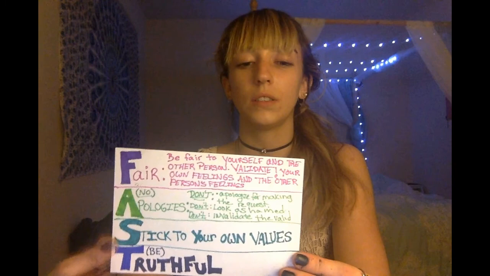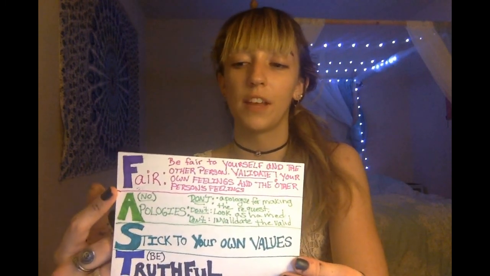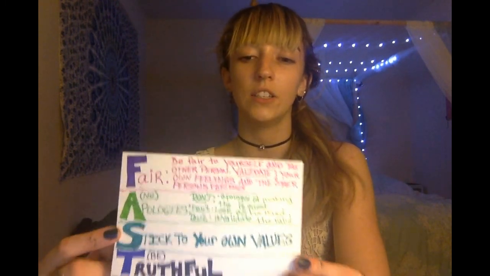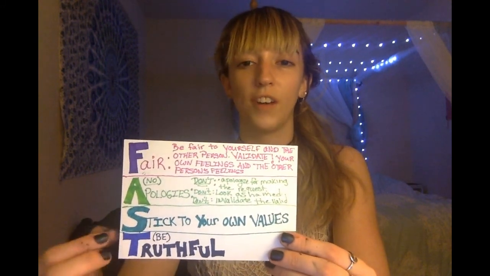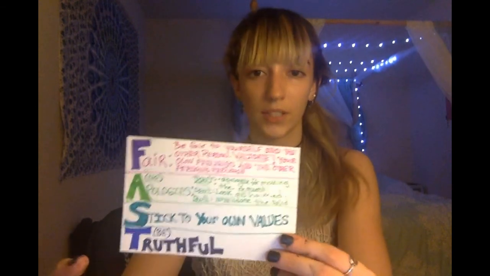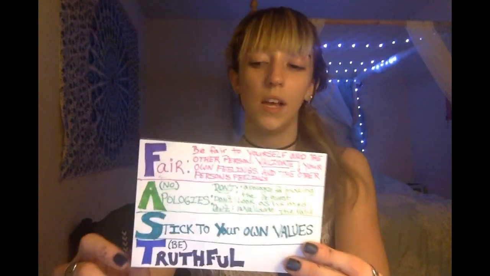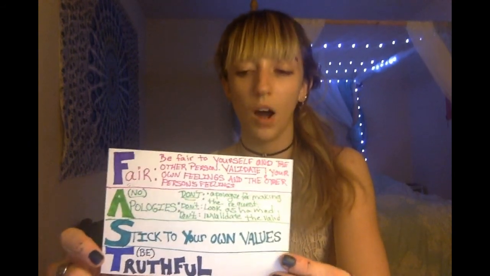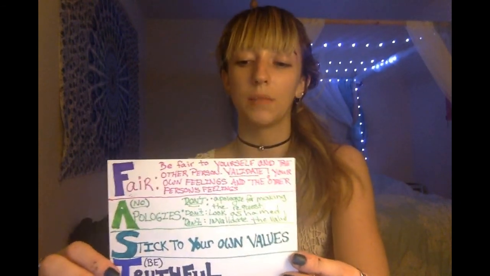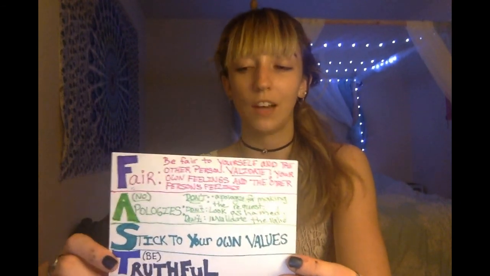And then also, something to think about with the fairness is being fair to both of you, to the other person's side and your own, which involves a lot of validating both yourself and the other person. Because again, one of the big principles in DBT is that two things can be right and neither of them is necessarily better than the other. They can coexist. It's a matter of figuring out what's most effective for yourself.